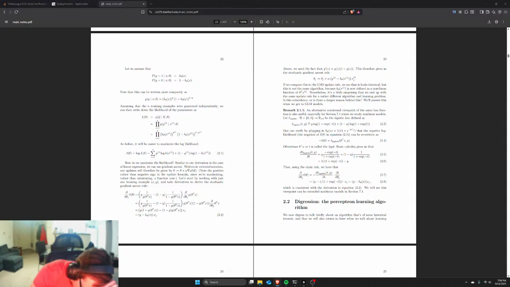Okay, so we could just put this as log of the sigmoid function of theta t x I, plus log of 1 minus g of theta t x I.